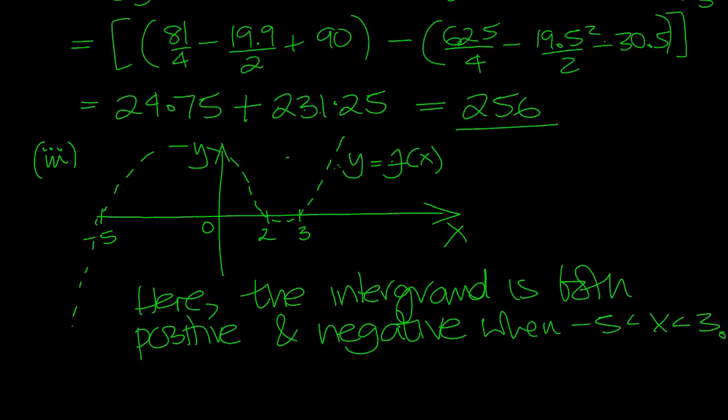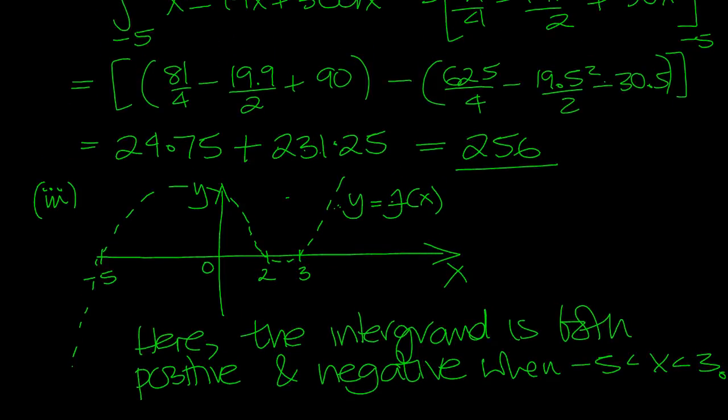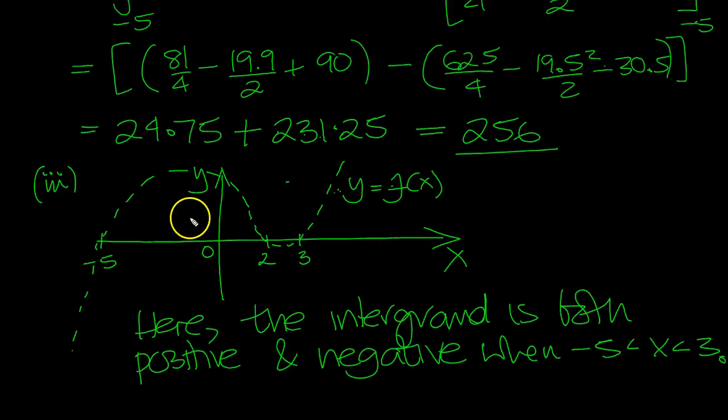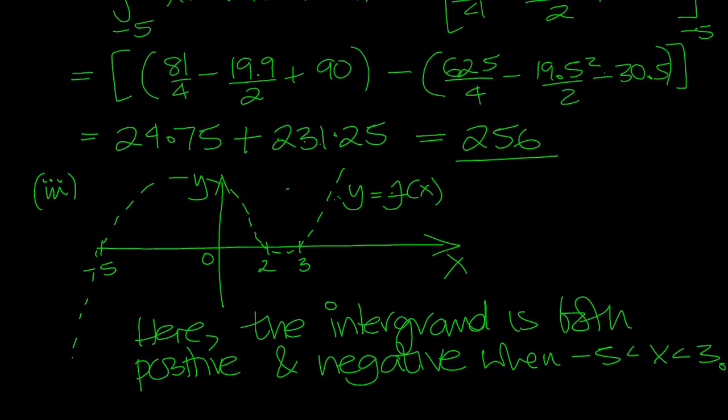And that's the reason why it doesn't correspond to the area between the curve and the x-axis. Because you've got a negative area and a positive area here, so to speak, in terms of the integral.